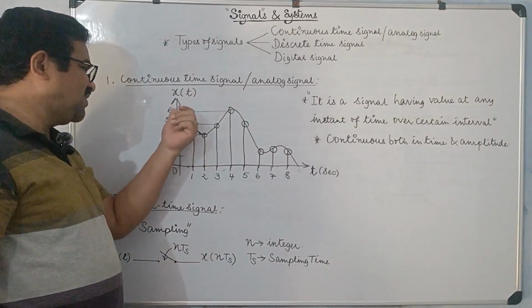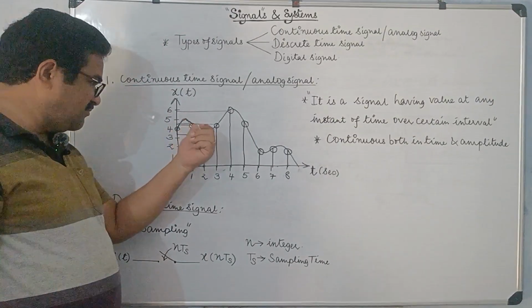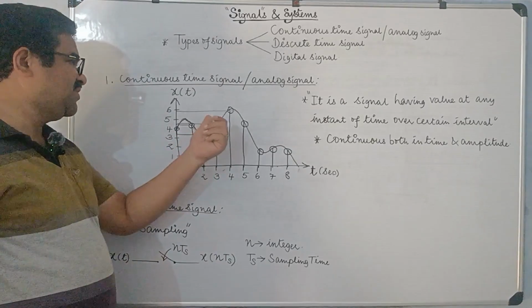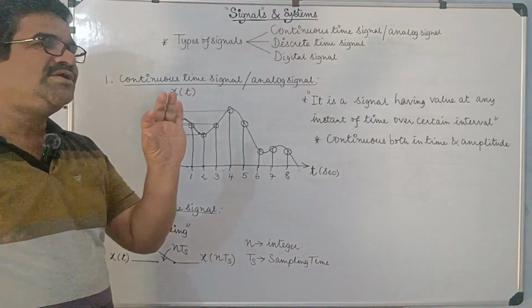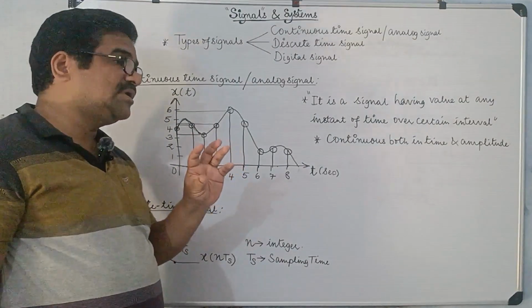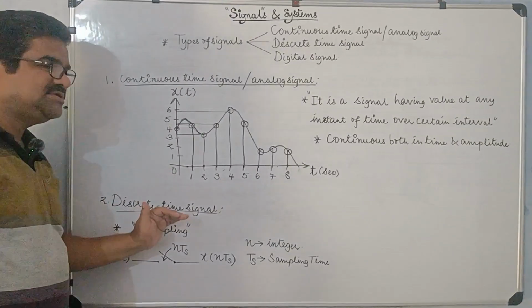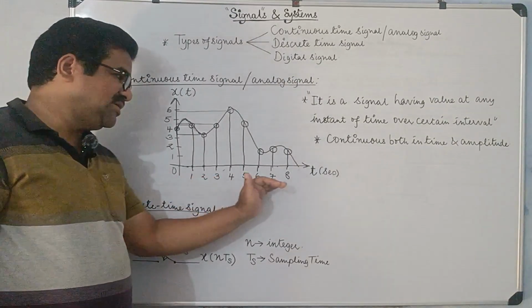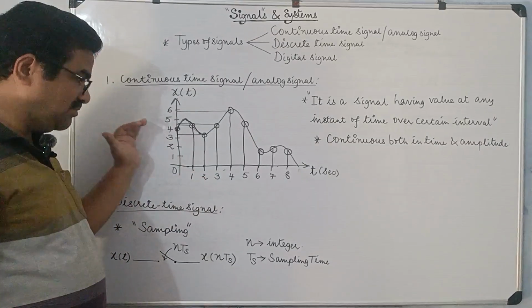I don't have 4, 5, 6, but instead I may have 4.5, 4.6, 3.5, 5.8, which are continuously changing. So my discrete time signal is discrete in time, whereas continuous in amplitude.